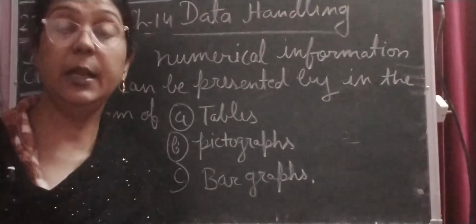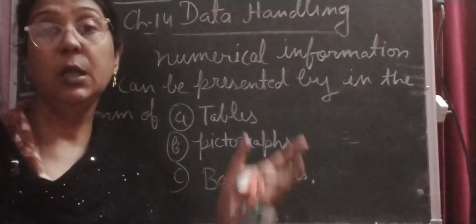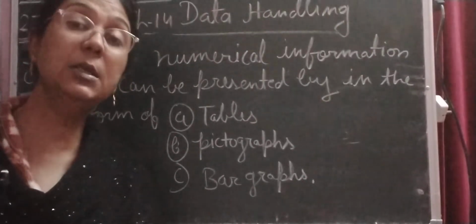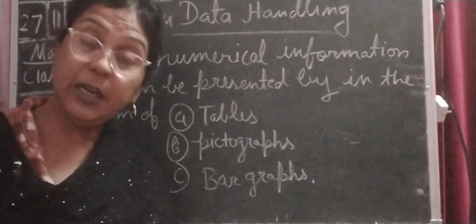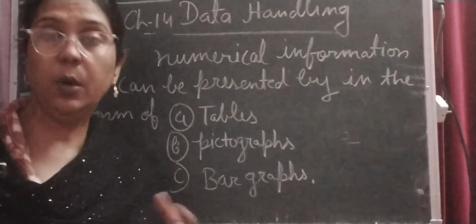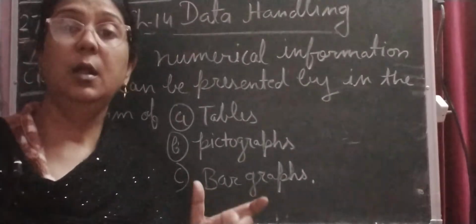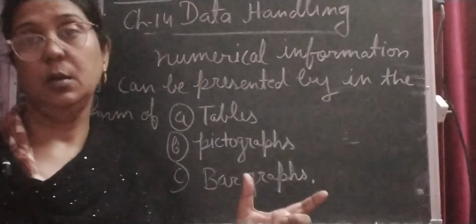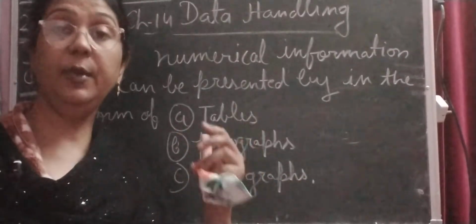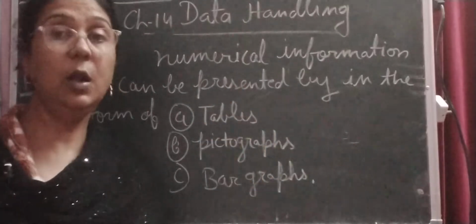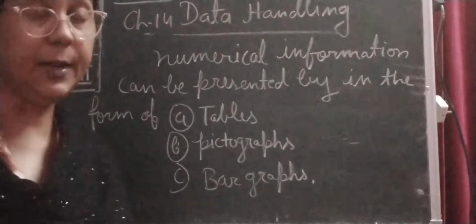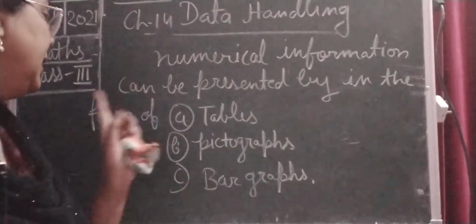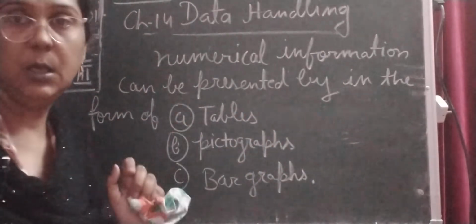Whatever data they have, it is numerical information, which means it is presented in numbers. The complete information presented in this way is called data handling. Now, numerical information can be presented in the form of tables.